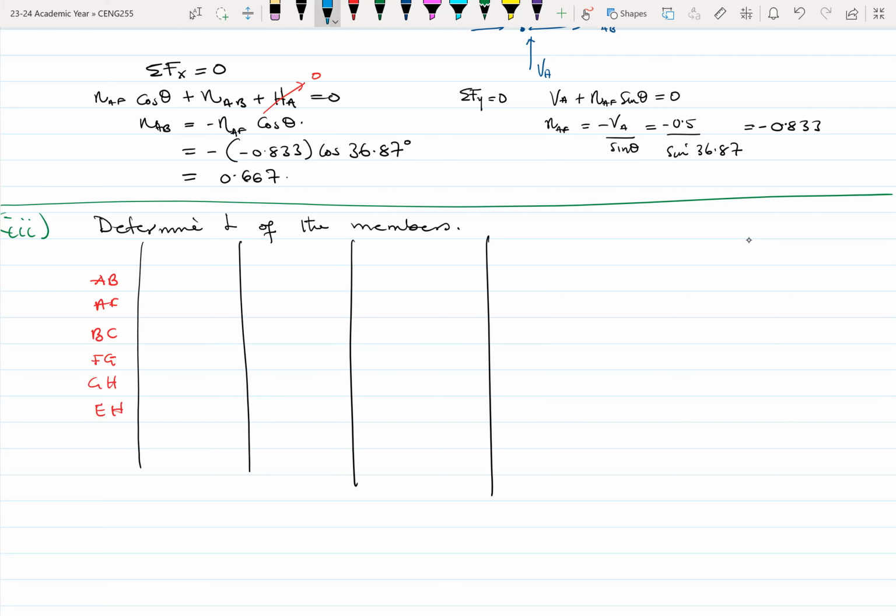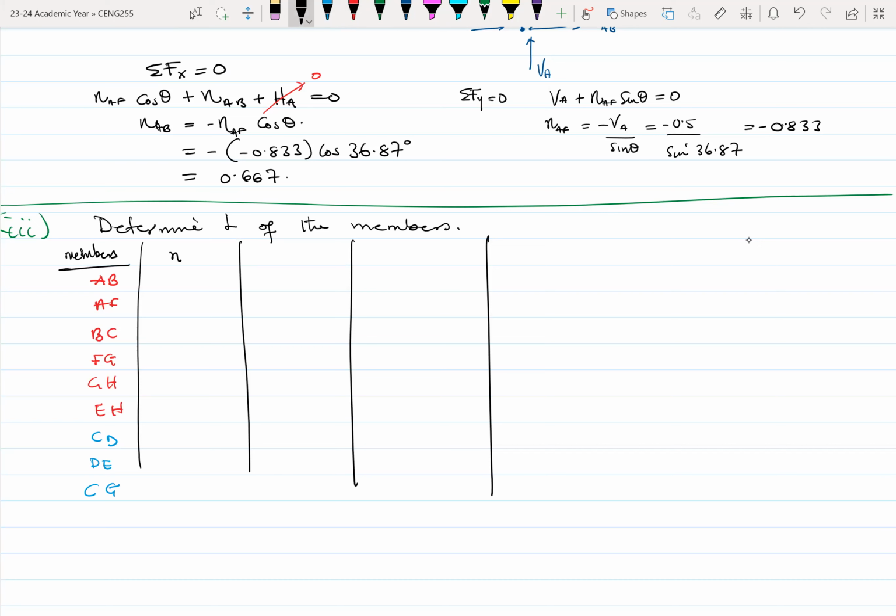Let me change this. This one is CD, DE, and then C. I think there's more than what I've written, but it's fine. The key ones are the ones that are in red because they would experience temperature changes. So these are the members.